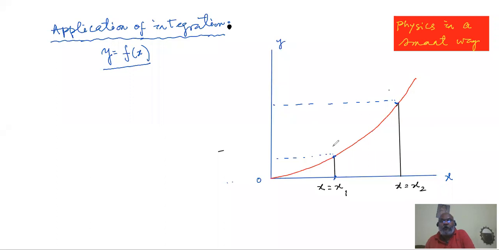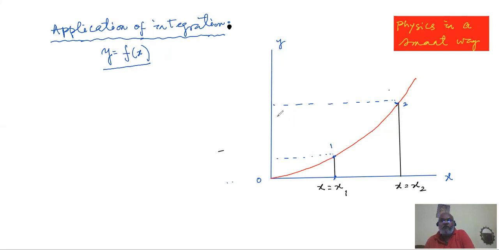So the basic issue here is that when you go from point number 1 to point number 2, the curve is going on. This is our x-axis. If you take the area that stretches between the curve and the x-axis, then the area is like this. You are able to see it. Our job here, or basically integration's job here, is to find out the area that is present here.